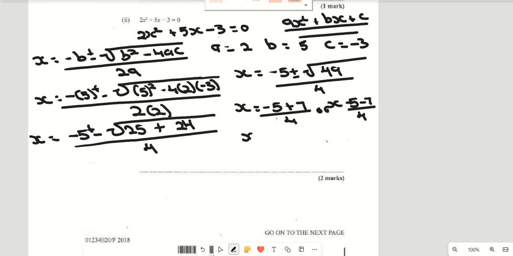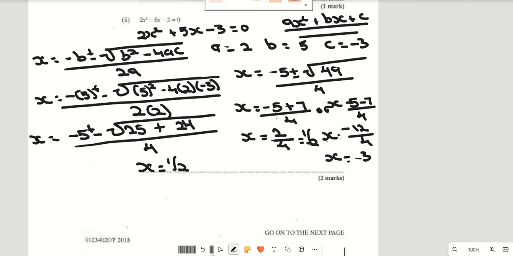Right, so you get x is equal to minus 5 plus 7 is 2 over 4, which is reduced to a half, or x is equal to minus 5 minus 7. You add those two numbers, so that is minus 12 over 4, which is x equal to minus 3. So therefore, x is either equal to a half or x is equal to negative 3. And that would be your answer for part 2.